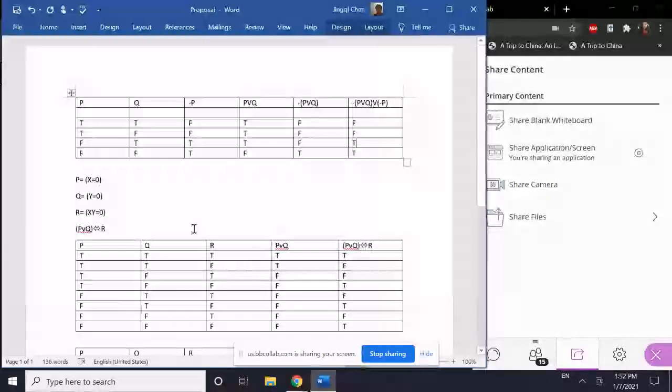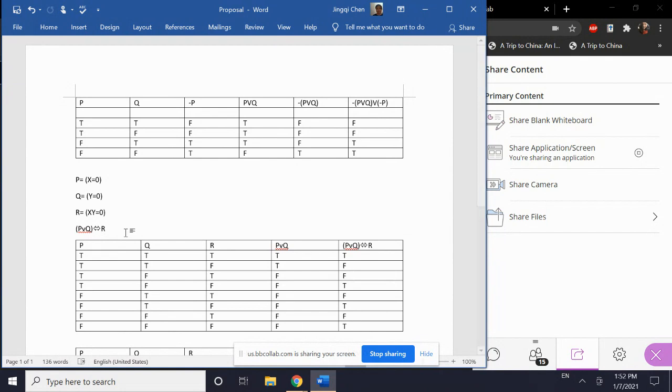Okay, let's figure out together. I did P is equal to x equals 0, Q is equal to y equals 0, R is equal to x times y equals 0. And then it said if and only if, so I did P or Q, if and only if R. Is that the right equation, the right statement for it? That's great.